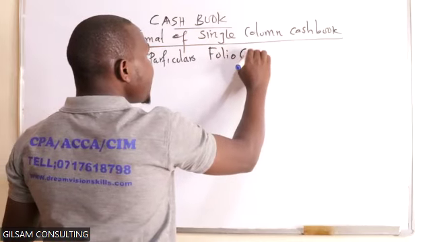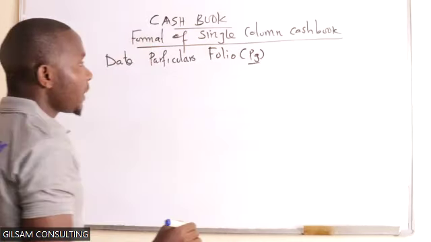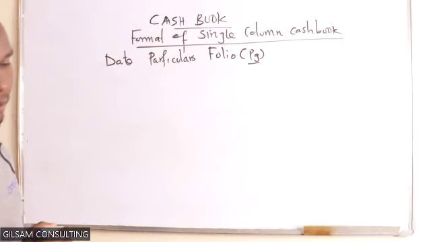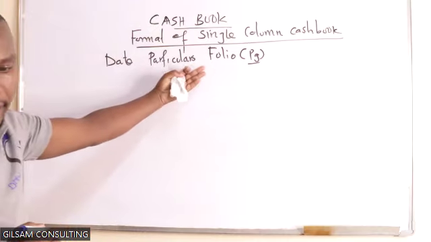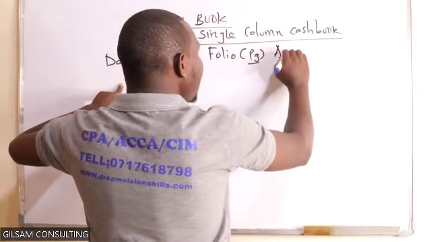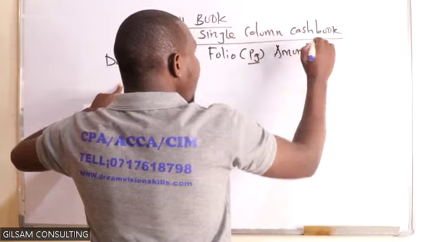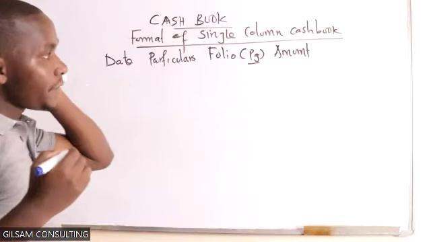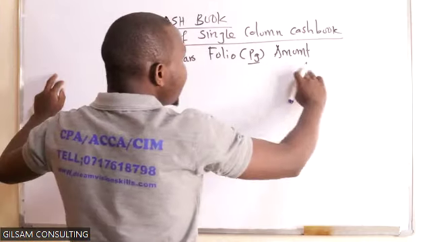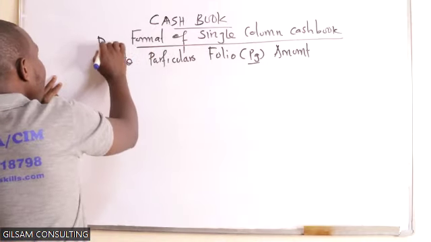The folio is simply the page. And then after that, we have amount. I know my space is not enough. So this side is debit.